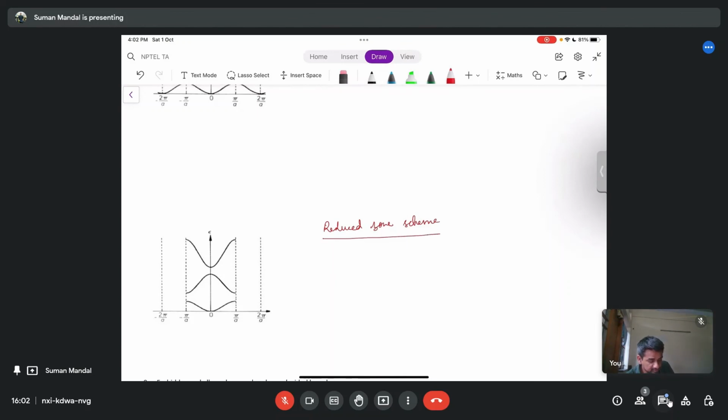So all the information is between minus pi by a and pi by a in the reduced zone scheme.